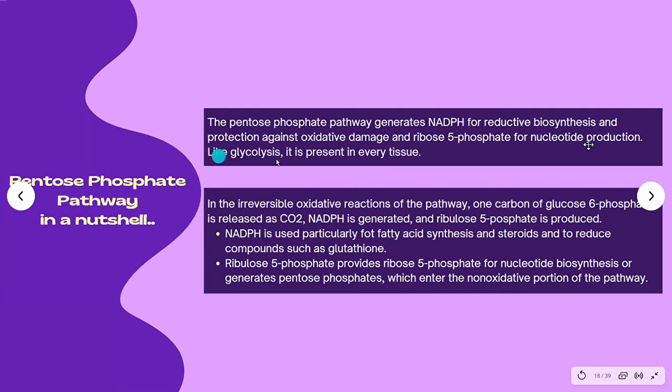Like glycolysis, it is present in every tissue. Okay, in the irreversible oxidative phase of your pentose phosphate pathway, 1 carbon of glucose 6-phosphate is released as carbon dioxide, NADPH is generated, and ribulose 5-phosphate is produced.